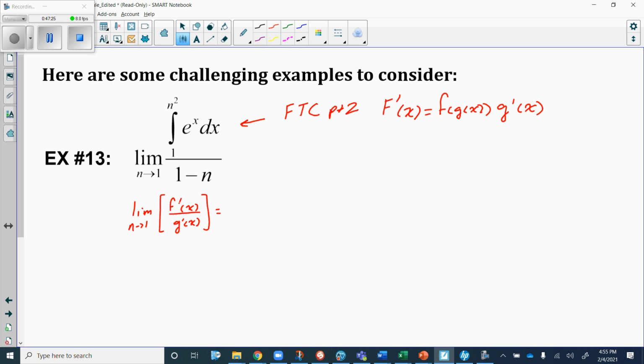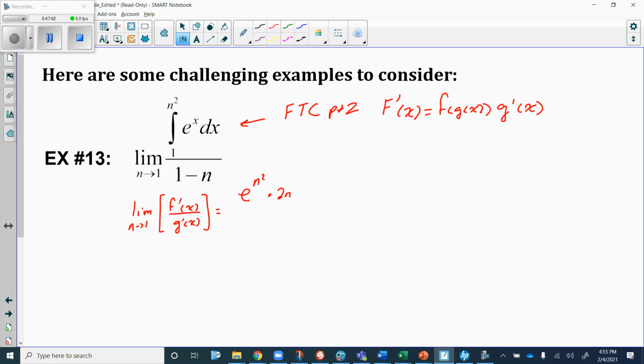So the derivative of the antiderivative in the numerator will be e to the n squared power times 2n.